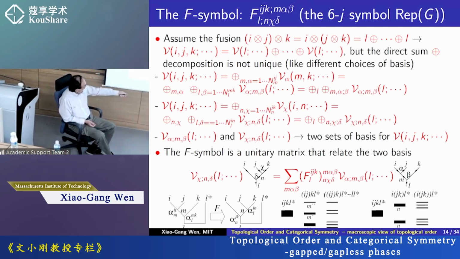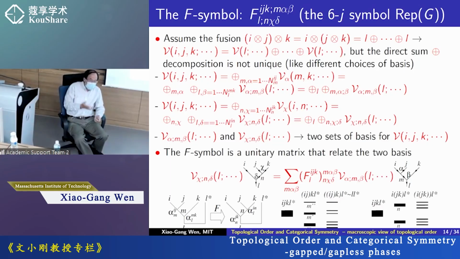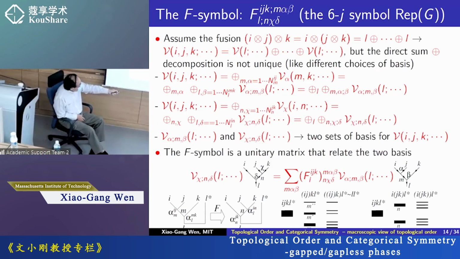So basically this original vector space can be decomposed into a direct sum of those smaller spaces. This decomposition is very much like choosing basis vectors. A basis vector can be viewed as a one-dimensional vector space, and choosing a basis is writing a vector space as a direct sum of several one-dimensional vector spaces. So we view choosing basis vectors as choosing a direct sum decomposition. Therefore, this order of fusion gives us a particular direct sum decomposition of the original big vector space.